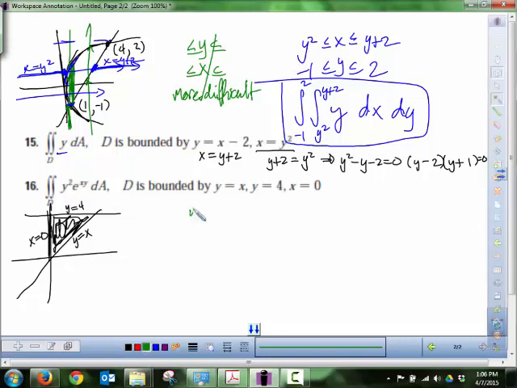Let's set it up with y first. If I were to find the integral with respect to y, I would draw a line parallel to the y-axis and figure out what functions I will hit as I enter and exit the region. And I see that I enter the region when y is equal to x, and I exit the region when y is equal to 4.